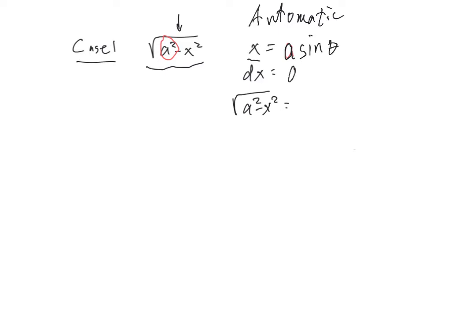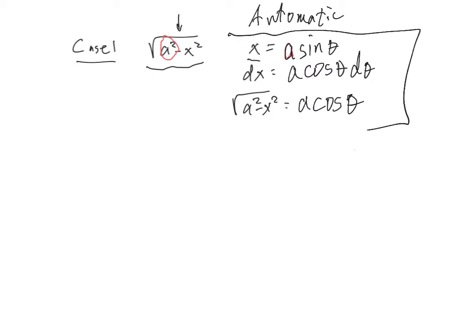The differential is a cosine theta d theta. And the radical turns out to be a cosine theta. So we immediately use these three things to rewrite the integral, and then there's only going to be sines and cosines involved. So like I said, it'll reduce it to an integral from the previous section, and hopefully we're experts at those.